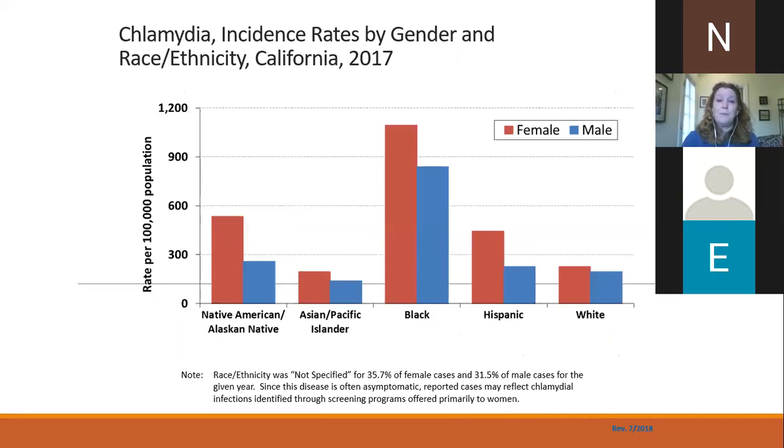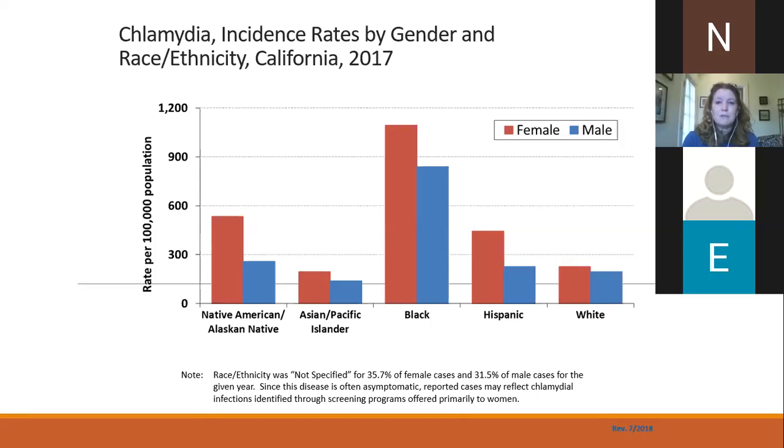Okay, and this is what I wanted to talk about with the racial and ethnic disparities. You can see that among African American, both female and male populations, there's two to three times as much compared to Caucasian. The reason for this is not clear.